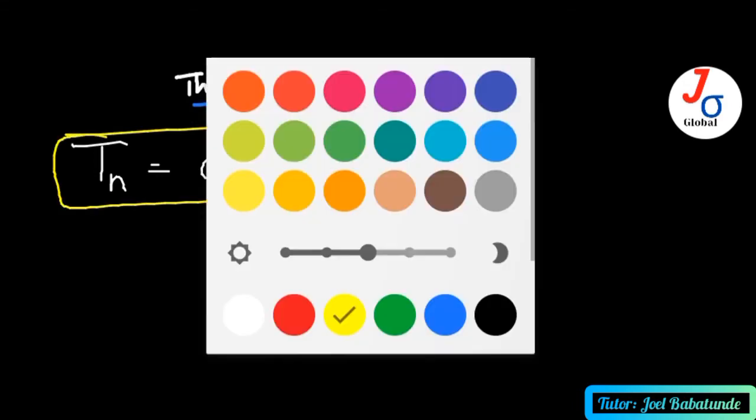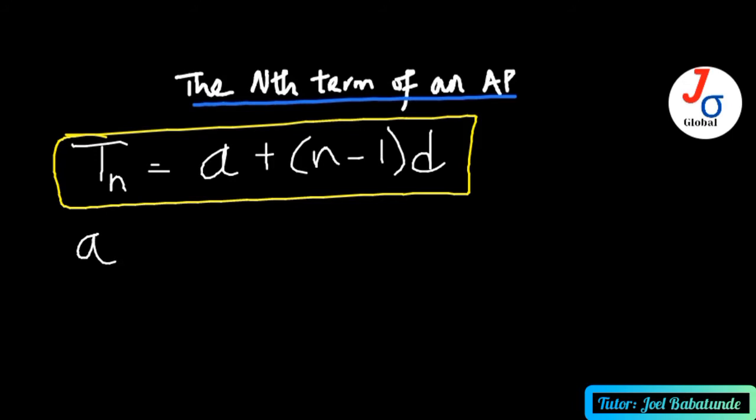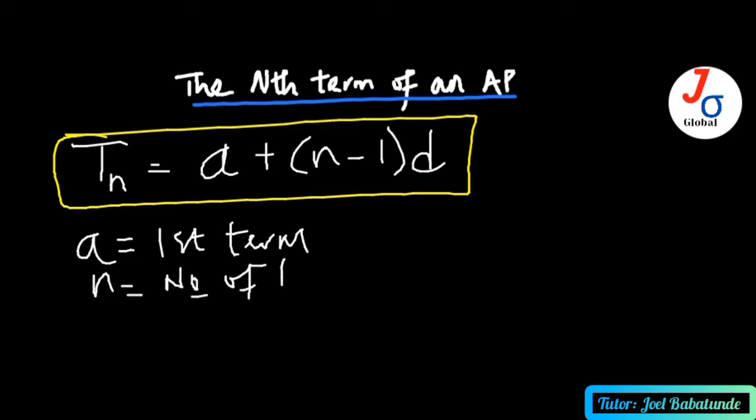Firstly, the A there is the first term. Then the n is the number of terms you are considering. Then D, by now you should know, is the common difference.